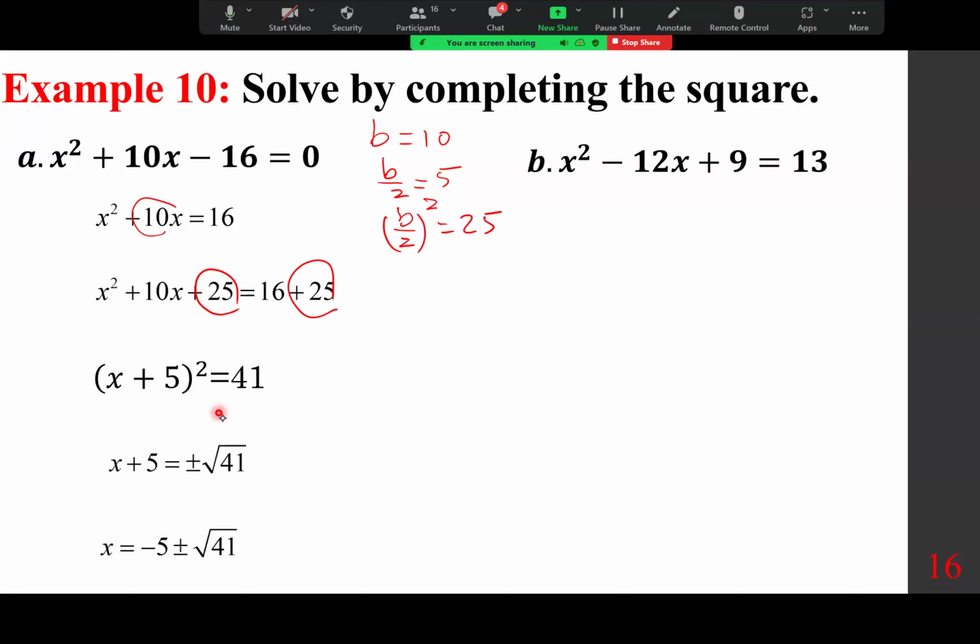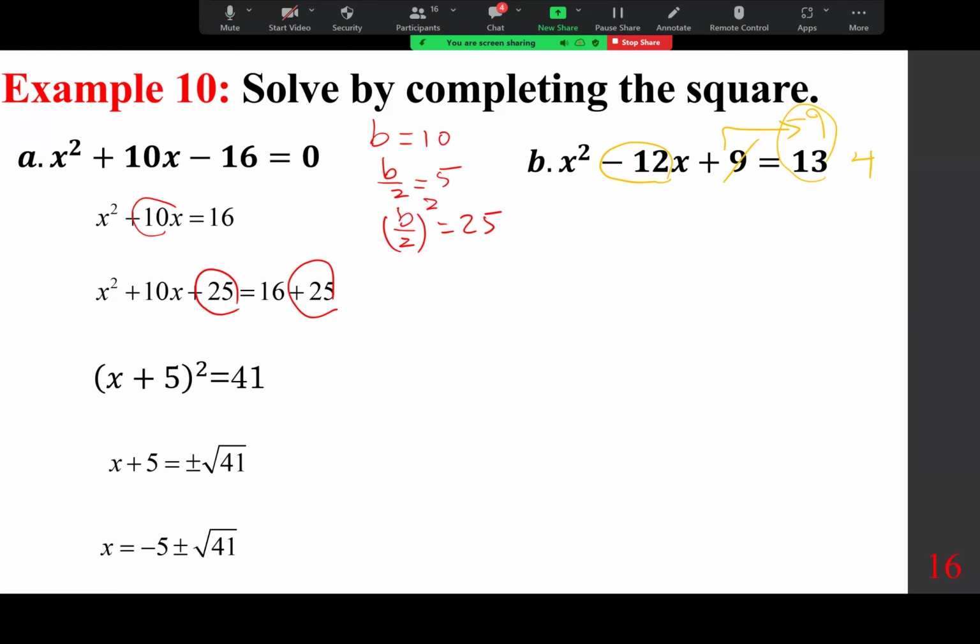Let's look at this case. First, move the 9 and you get 4.